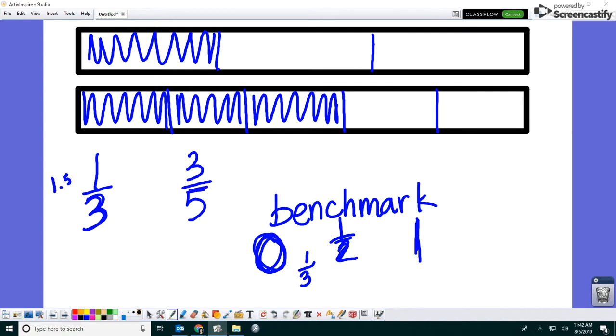But half of 5 is 2.5, and I've got 3 pieces, so that is greater than 1/2, so 3/5 would be about right here. So using this benchmark, I can tell that because 3/5 is bigger than 1/2, and 1/3 is smaller than 1/2, that means 1/3 is less than 3/5.